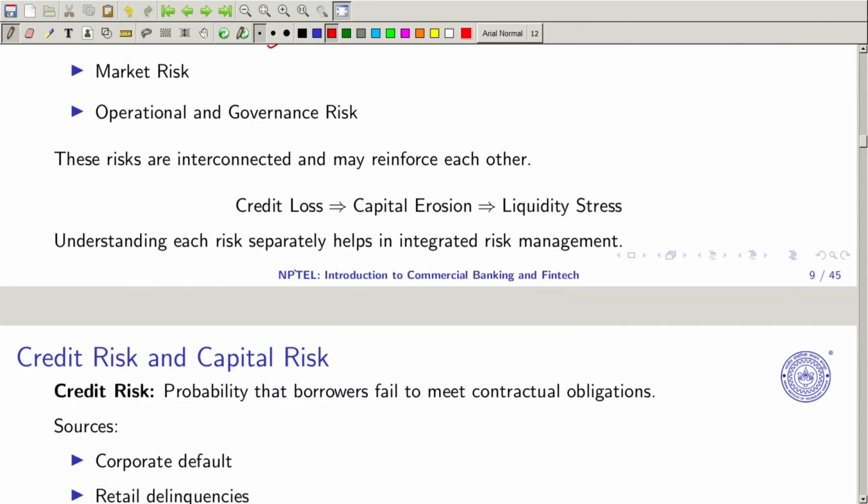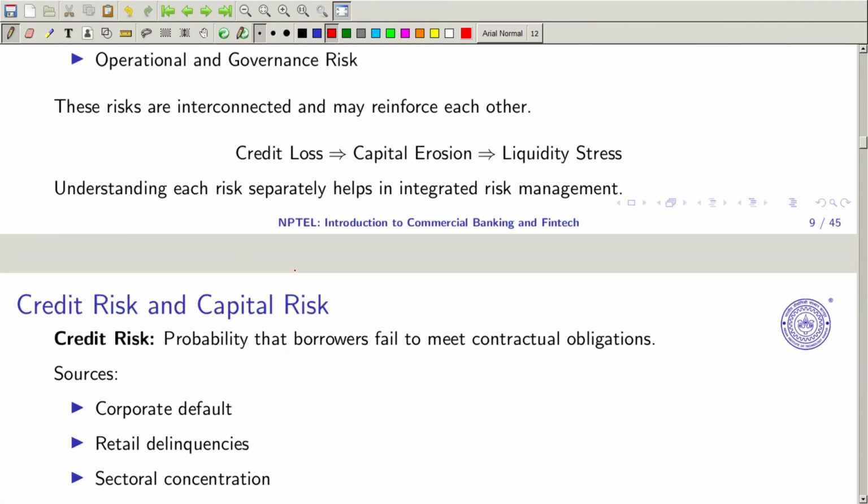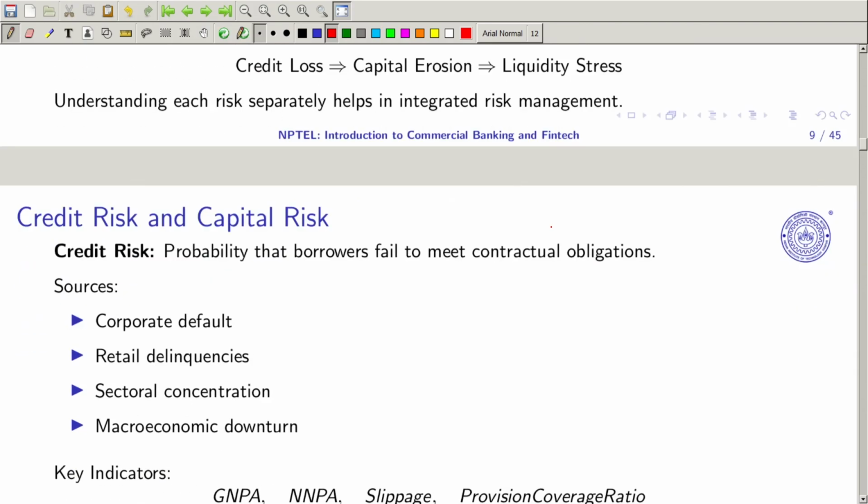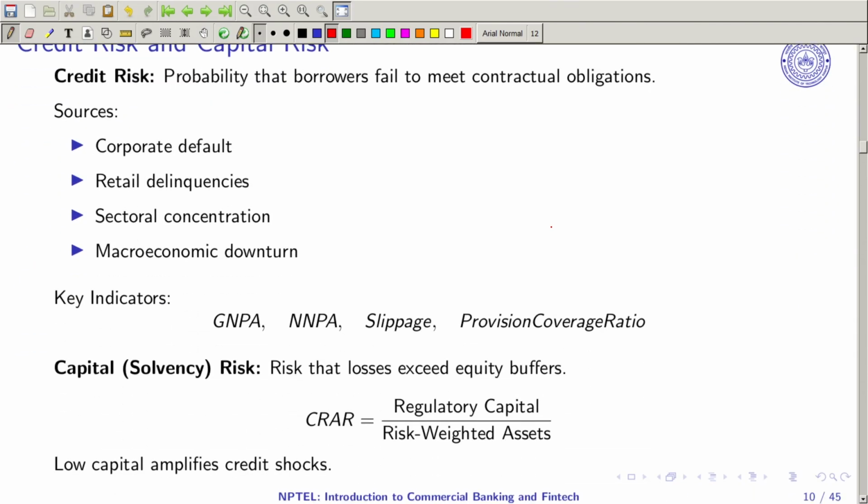So this is what we have, how much we have, and stress we can calculate. For liquidity stress, if you just take the difference of these two, this will tell you the liquidity stress, that is how it works.